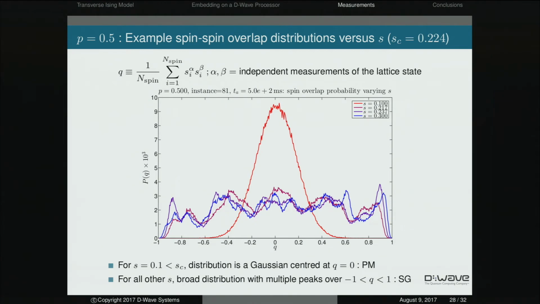However, the distributions are a little bit biased towards the positive side. This goes back to the problem this gentleman picked at earlier when we looked at the magnetization as a function of S. We're a little biased to one side. Same problem here: the environment around these flux qubits is actually carrying a memory of where it had been before and is trying to draw the system back into those same states over and over again.